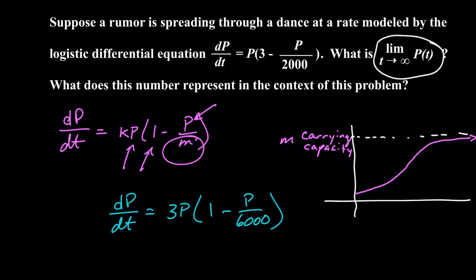And what that means is that this 6,000 is your carrying capacity, which is what your limit is going to approach. In the context of this problem, that 6,000 represents the total number of people at this dance.